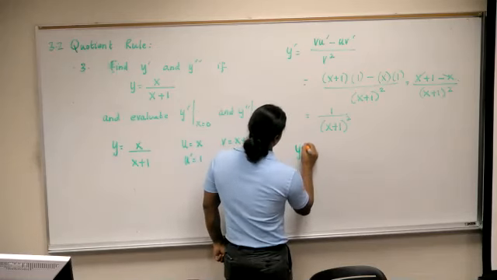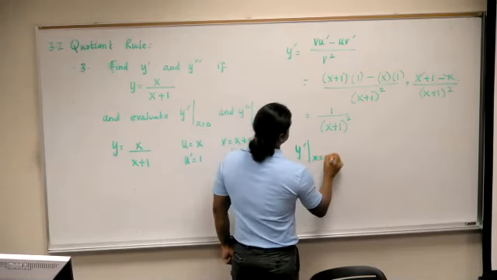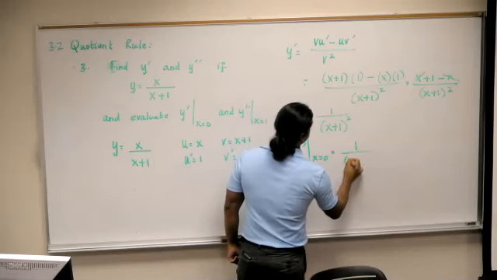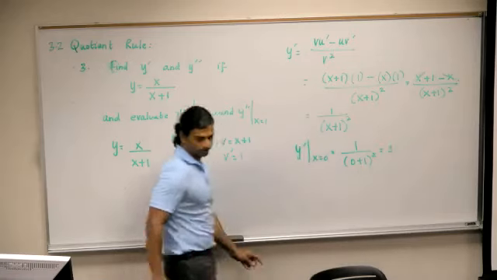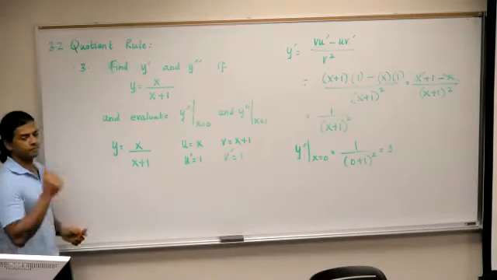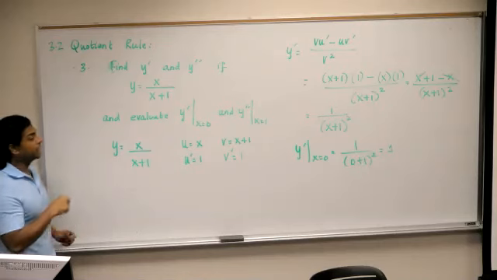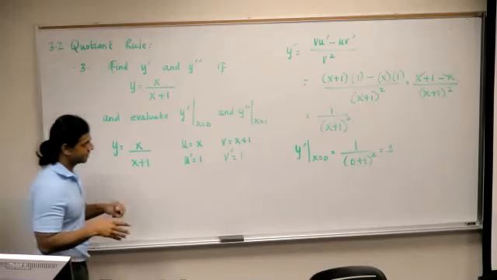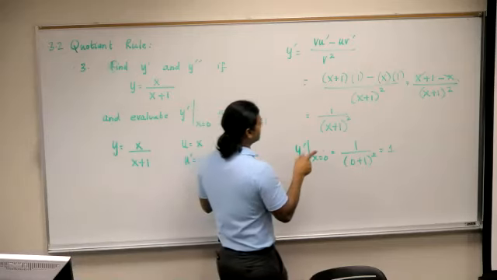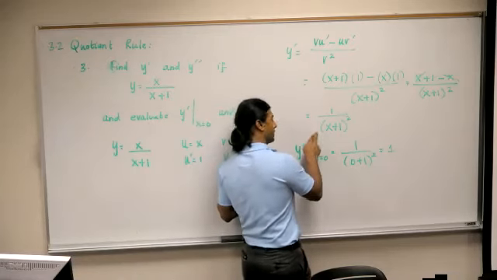So y prime at x equal to 0 would be 1 over 0 plus 1 squared, so we will have 1. Good. Are we done yet? No. We have to find the second derivative. In other words, we want to find the derivative of that.